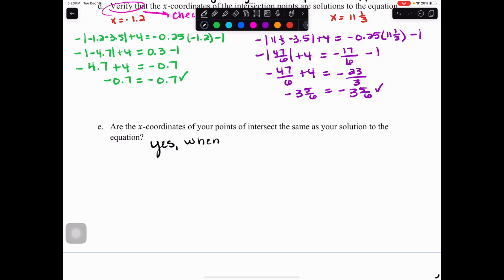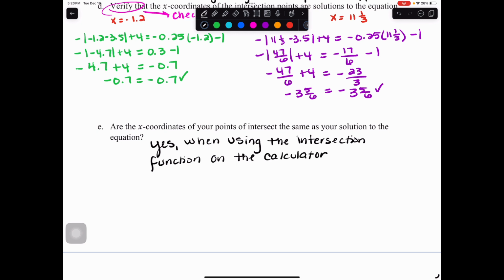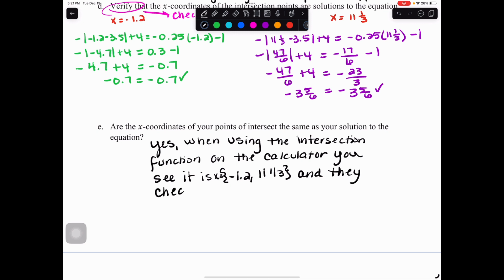When using the intersection function on the calculator, you see it is x equals negative 1.2 and 11 1/3. And they check in the equation.